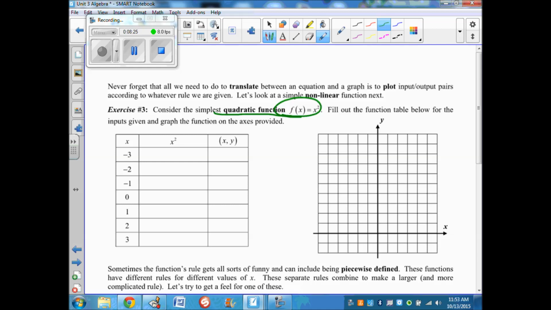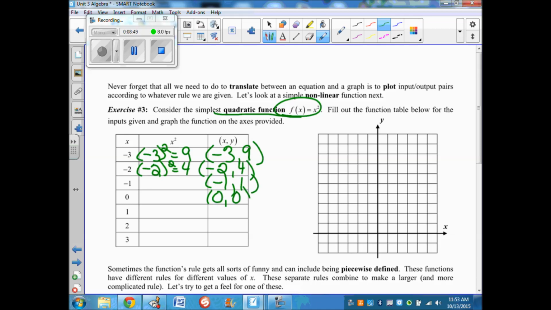So if I take -3 and I square it, I'm going to get 9. So my point's going to be -3, comma 9. If I took -2 and square it, I'm going to get 4. So it's -2, comma 4. See the pattern that ends up happening? I'm pretty sure you guys know how to square things.